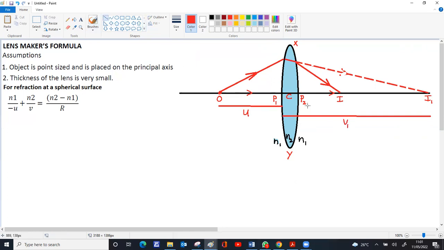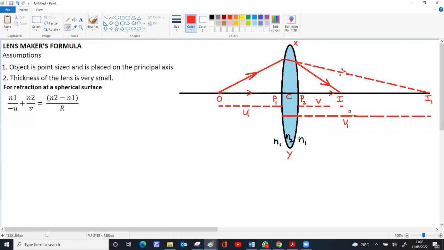And the final image distance, because of the second surface forming the image, P2 to I, is v. So these are the object distance and image distance for both surfaces. So the ray diagram is complete.